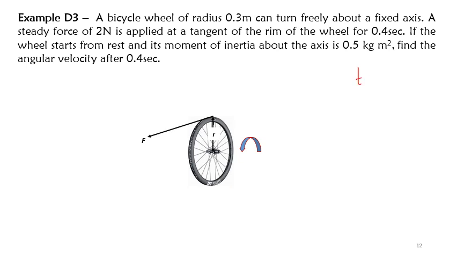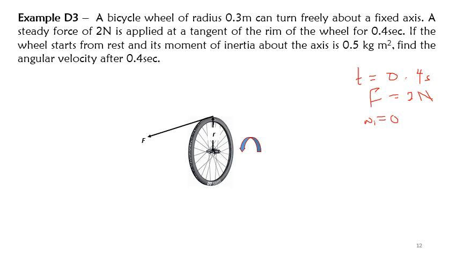So the time of applying the force is 0.4 seconds, and the force applied is 2 Newton. Now, the wheel starts from rest, so the initial angular velocity, I can call it again omega I or omega 1, is 0.